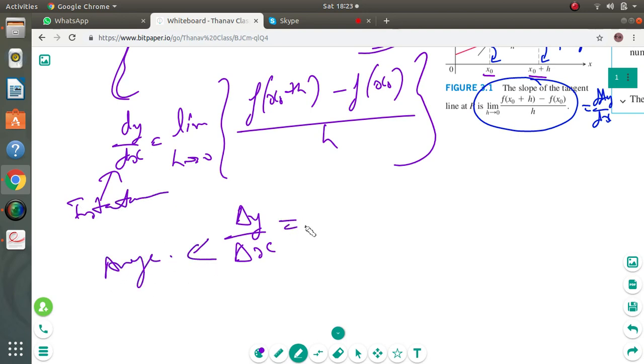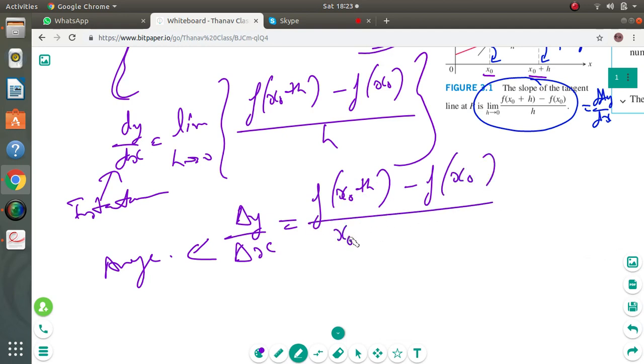In the average, we take the final point, that is f of x naught plus h minus f of x naught, whole divided by x naught plus h minus x naught. Do you understand this? That's how I find the slope of a line. Yeah, this one gives the slope of the secant.